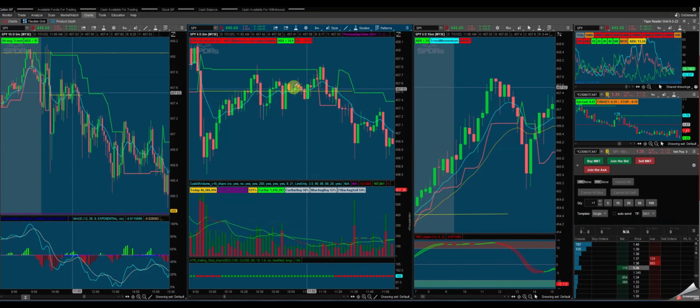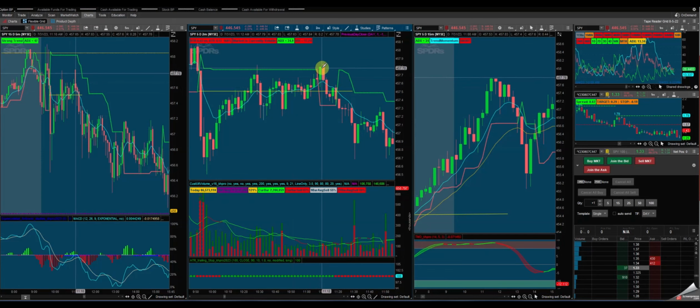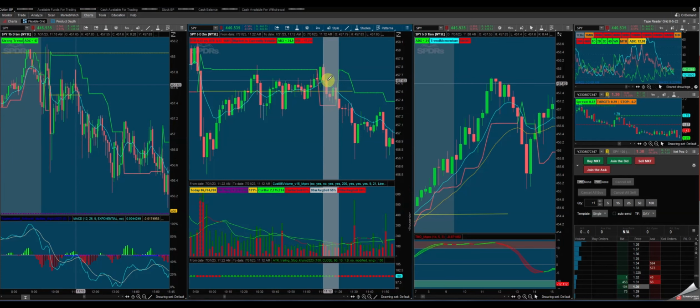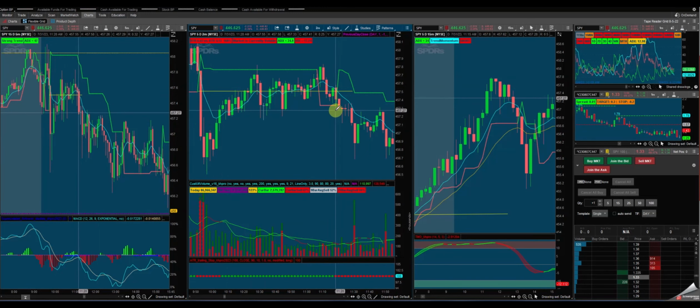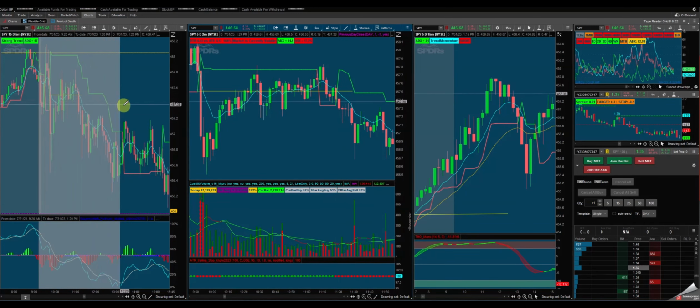Actually, it winds up doing a short-long signal, which would not be a trade. It was a short period, but the 5-minute never agreed, so we would have never taken that in the first place. But then we got a close below at 11:22, and then look at this.